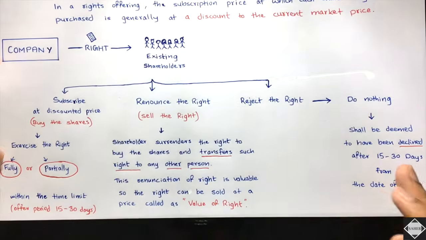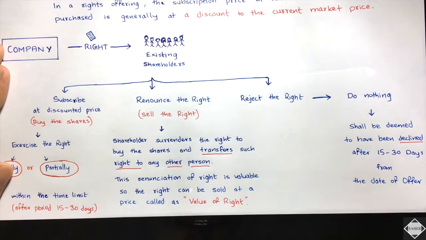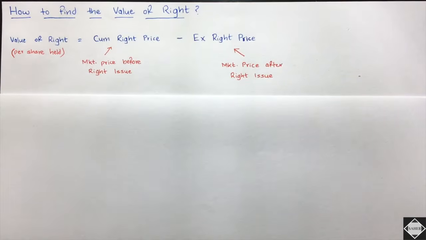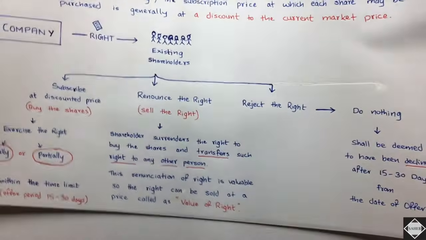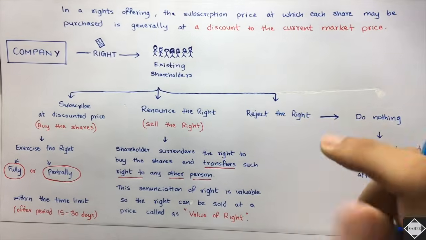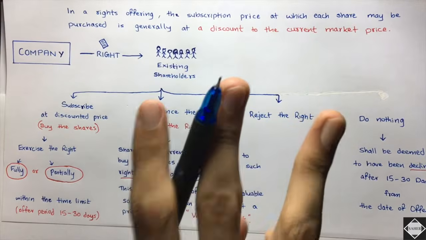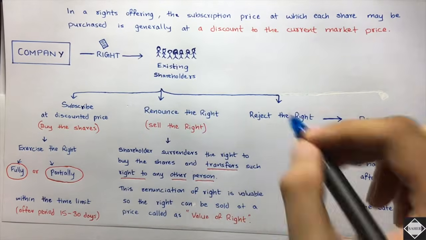Now let's move on to the concept of value of right. How do we calculate the value of right? Here we have the formula, but before going into that, let me explain once again what value of right is. I know some of you are still a little confused. Listen properly. Existing shareholders get a right, and they have three options: subscribe, renounce, reject.